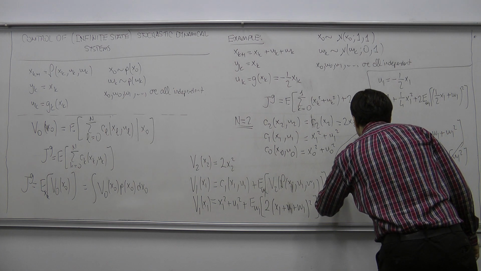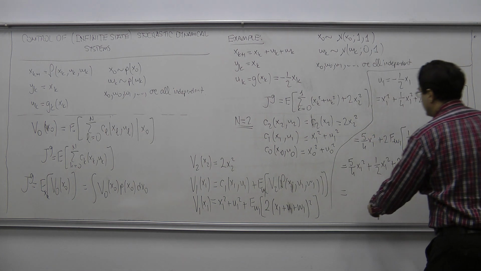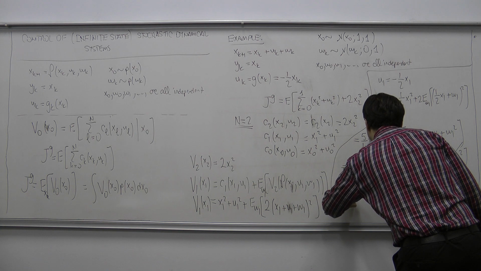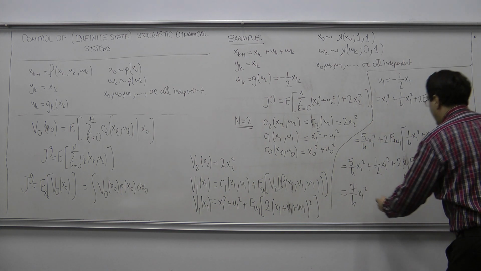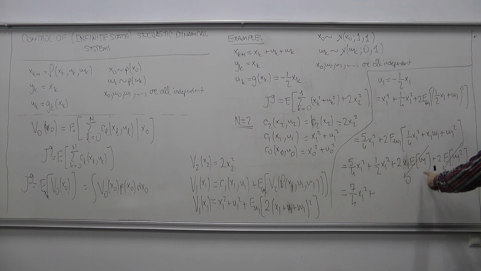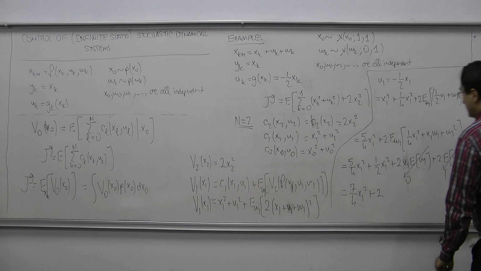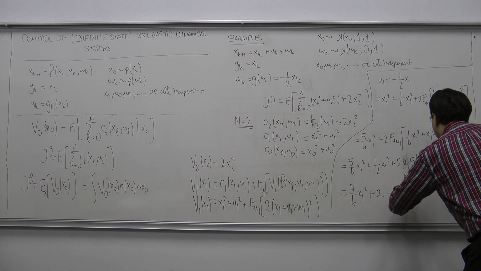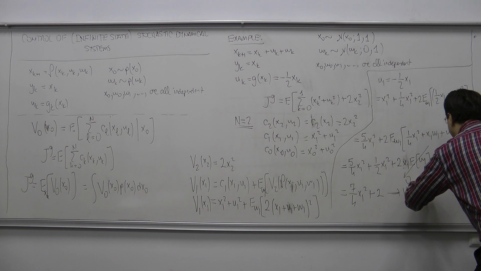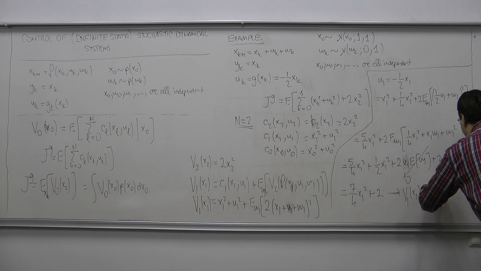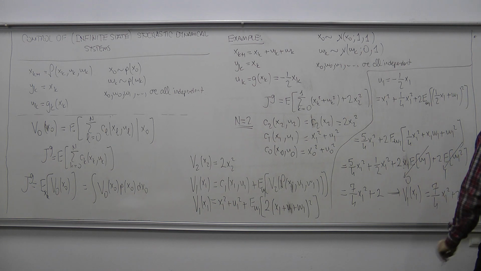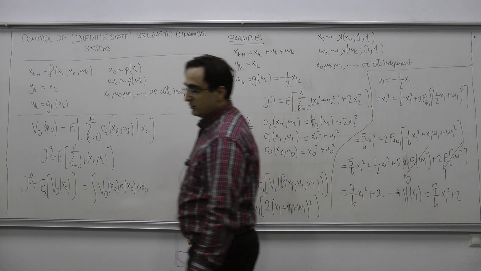And I would write this as, if I sum these two terms, 7 over 4 x1 squared plus this term, which is completely 0. And this term is going to give me just 2. Okay? So which means that I have V1 of x1 is 7 over 4 x1 squared plus 2.